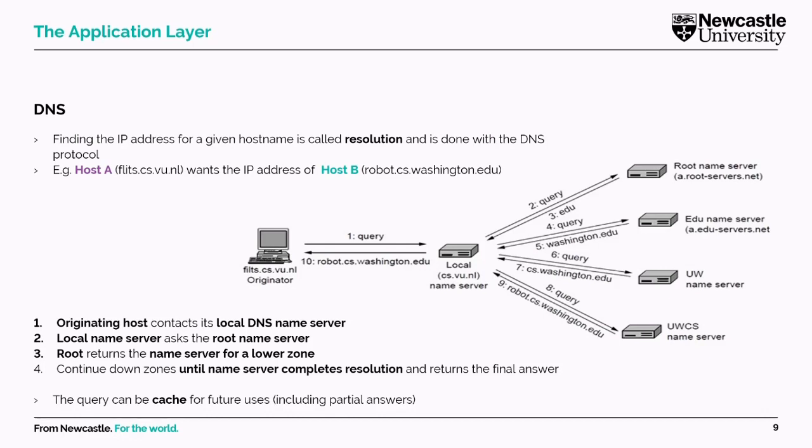In this case, host A being at filts.cs.vu.nl, it will send a DNS request to cs.vu.nl, the local name server. And if that local name server doesn't recognize host B, because it's at a different level of the hierarchy, then it will need to talk with other DNS servers.